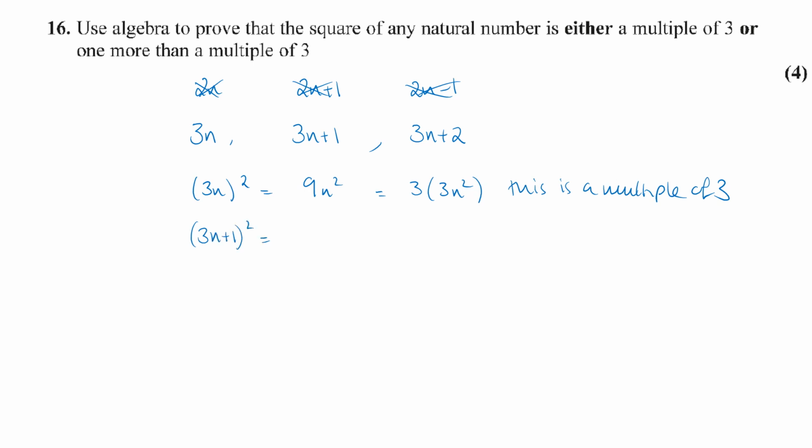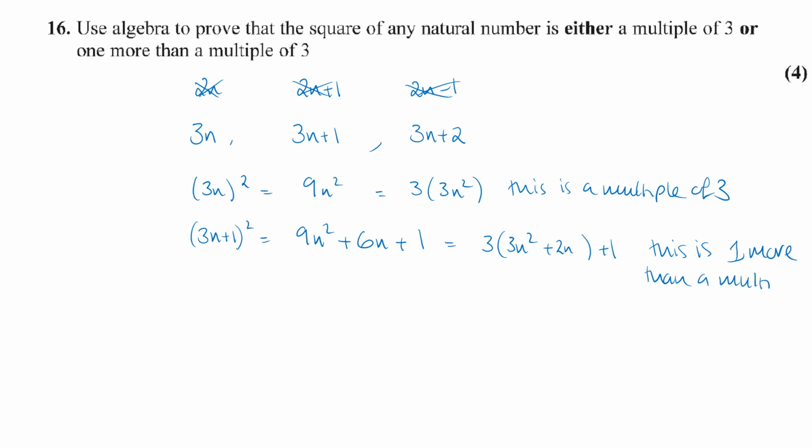So that's going to be 9n squared plus 6n plus 1, which is 3 lots of 3n squared plus 2n, plus 1, which is 1 more than a multiple of 3, because we've got that 3 out on the front.